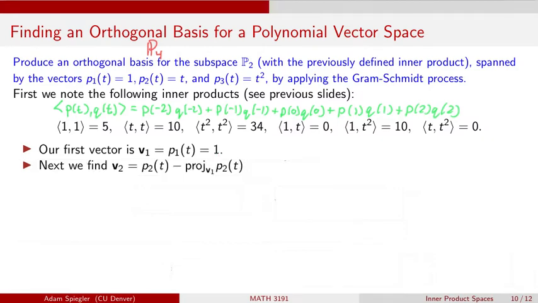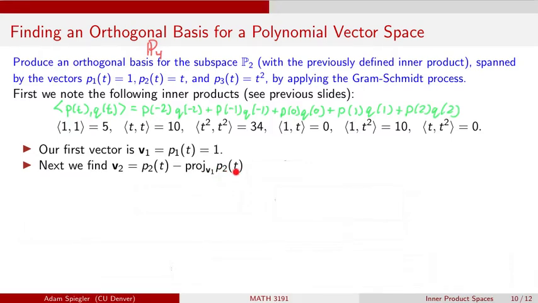Then, to find the second vector, we pick the component of P2, in this case t, which is orthogonal to the first vector v1. The way we do that is we first project v2 onto the subspace spanned by v1. This is the orthogonal projection of P2 onto V1.